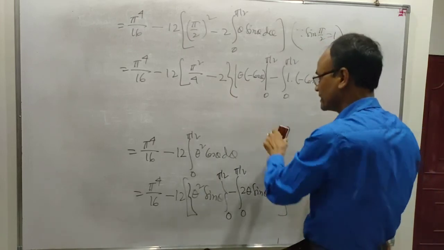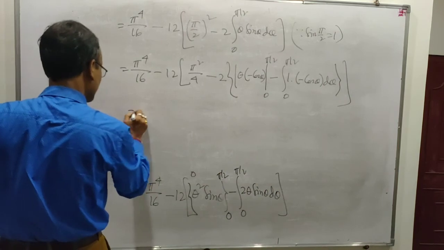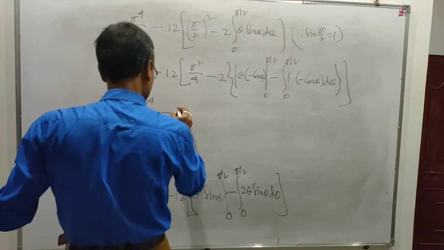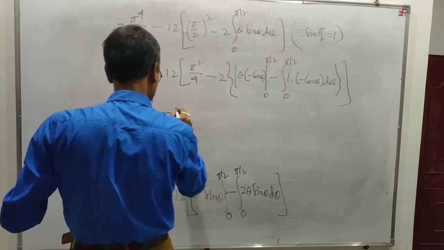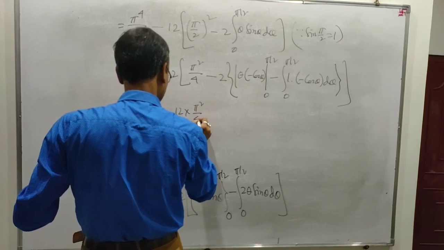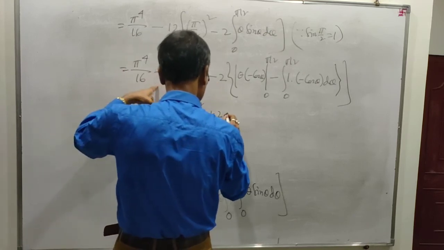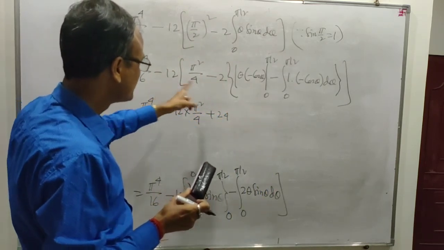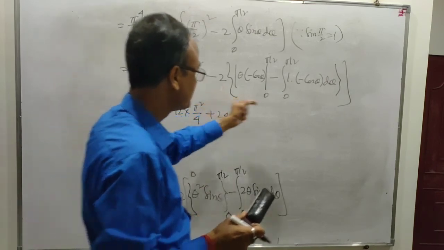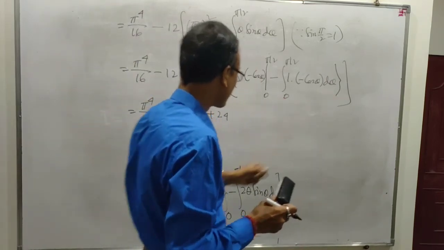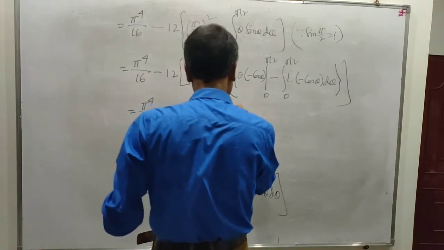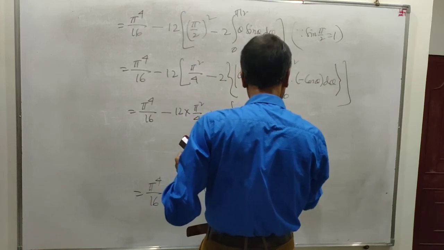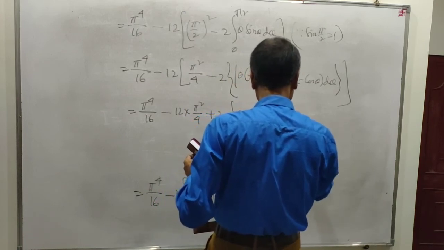This means pi to the power 4 by 16 minus 12 into pi square by 4, plus 24. The work of the bracket has been done. It will be 0 minus 0 plus integration 0 to pi by 2 cos theta d theta.